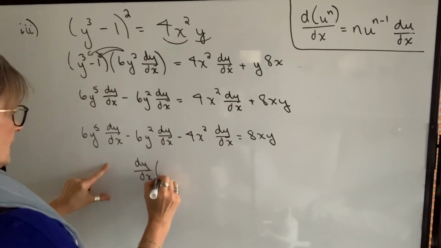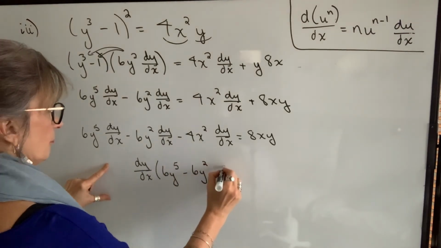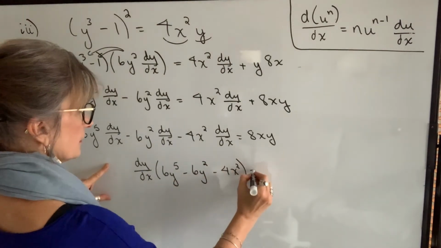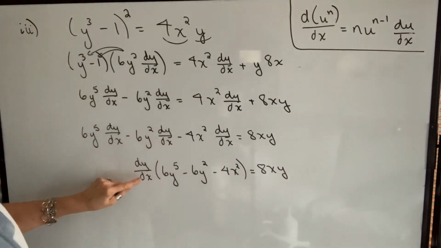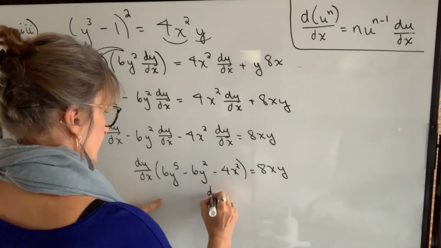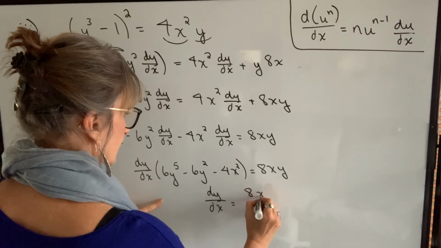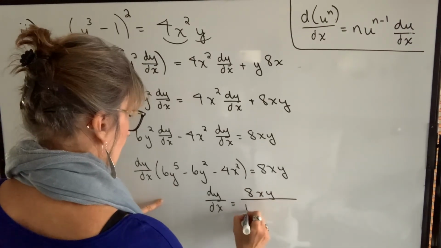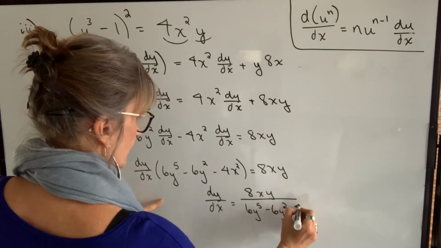So I'll have 6y to the 5th minus 6y squared minus 4x squared. And once it's factored out of all of those terms, now I can isolate it by dividing by this factor. So dy dx will equal 8xy divided by 6y to the 5th minus 6y squared minus 4x squared.